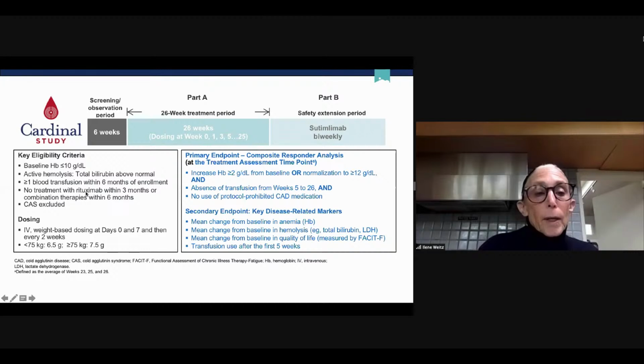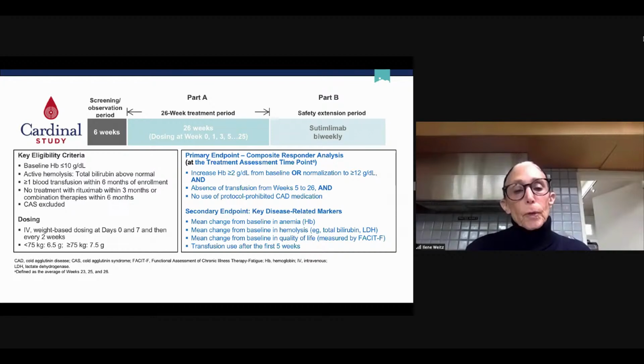They required one or more blood transfusions within 6 months of enrollment. They could not have received rituximab within 3 months or a combination therapy within 6 months. And cold agglutinin syndromes are excluded, so they had to have a bone marrow to rule out active lymphoma. They could have lymphoid proliferation, but it had to be less than 5%.